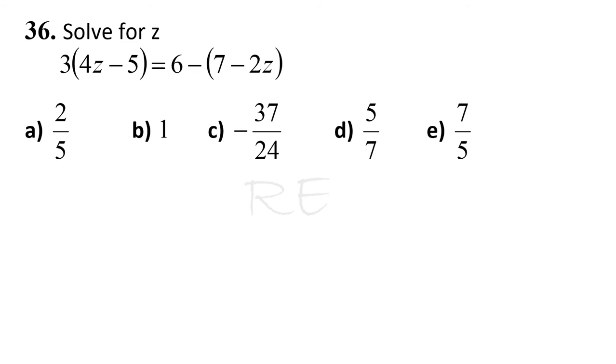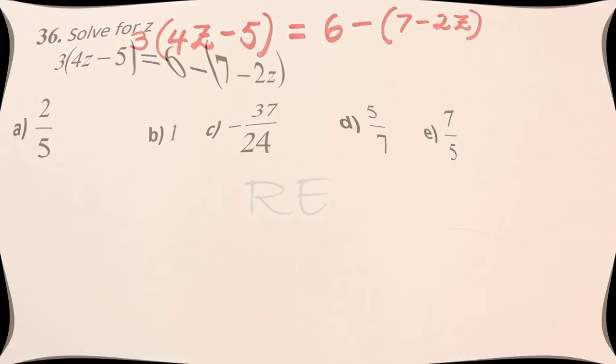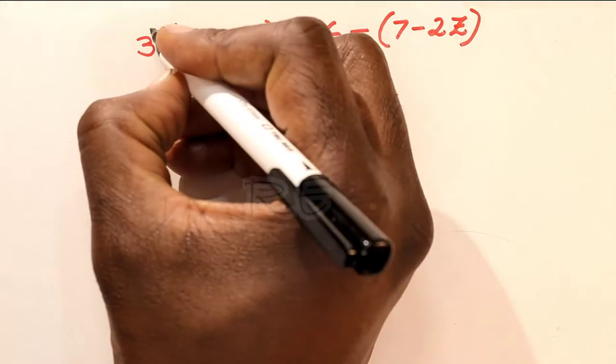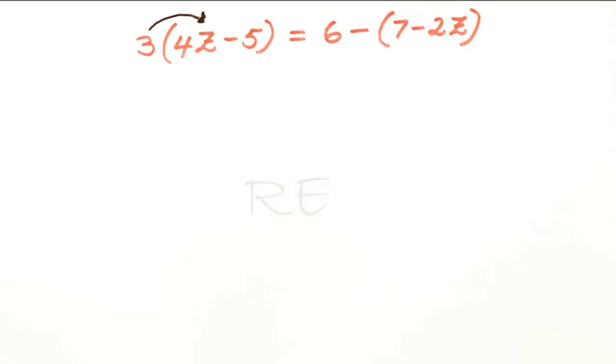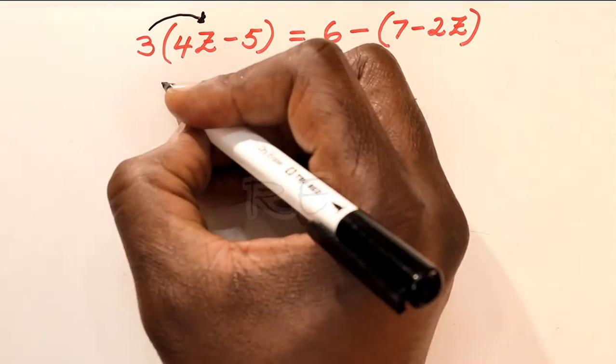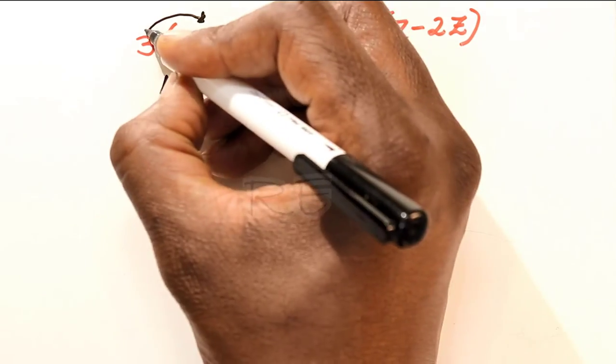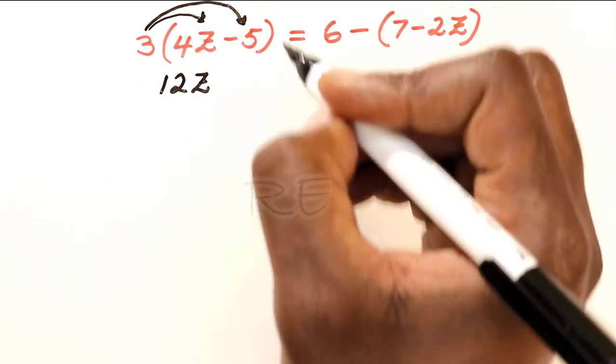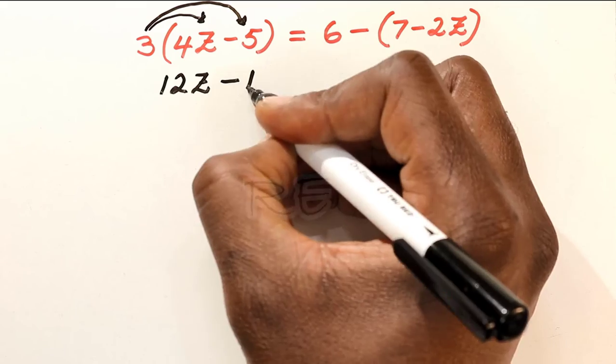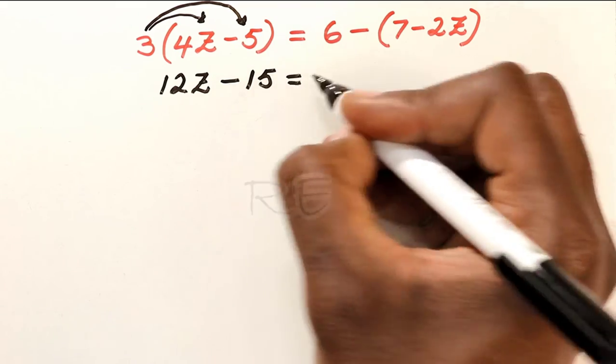Solve for z. 3 times 4z minus 5 is equal to 6 minus 7 minus 2z. Using distribution, 3 times 4z, 12z. 3 times negative 5, negative 15.